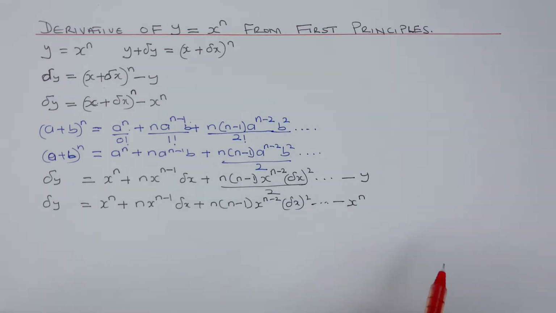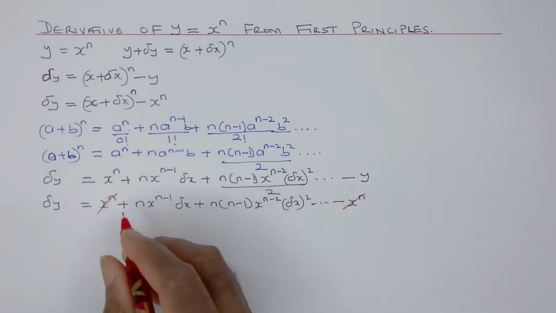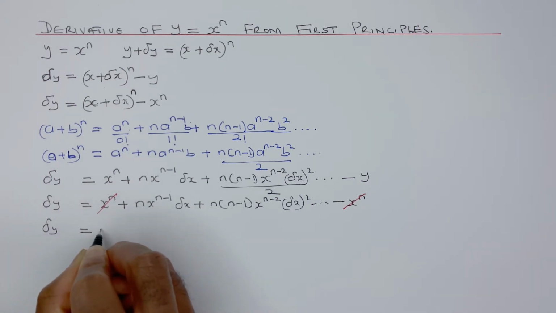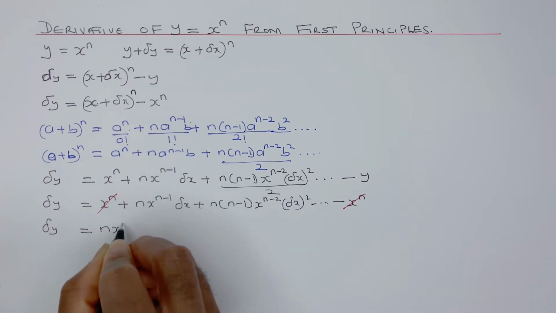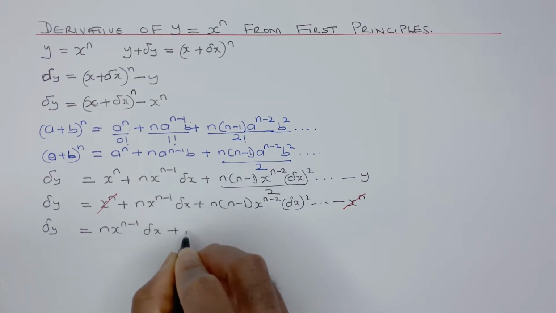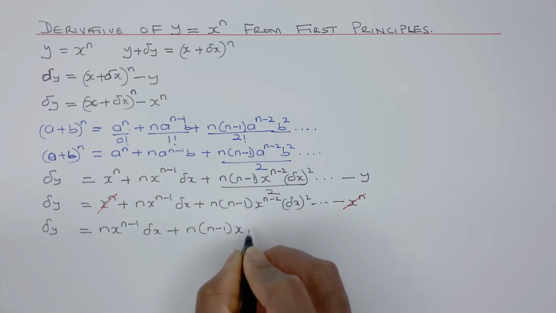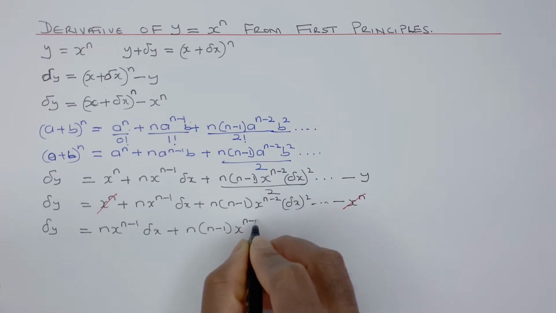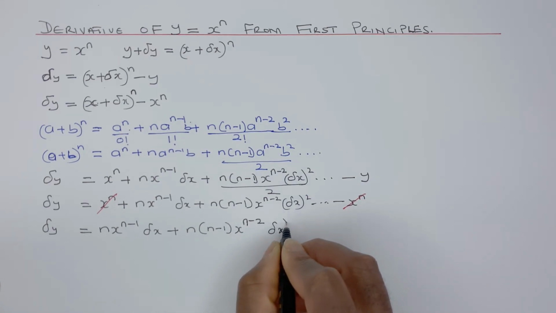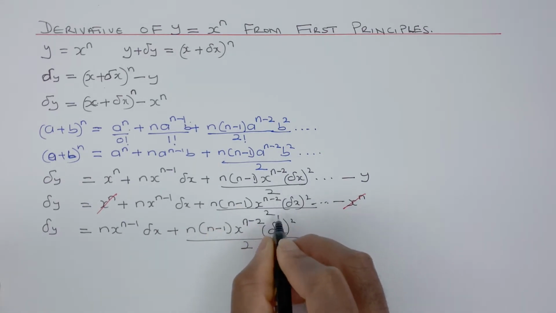So you can see that x to the power of n and minus x to the power of n cancel out, and the delta y will be equal to n x to the power of n minus 1 delta x plus n into bracket n minus 1 x to the power n minus 2 delta x squared over 2, and that goes on.